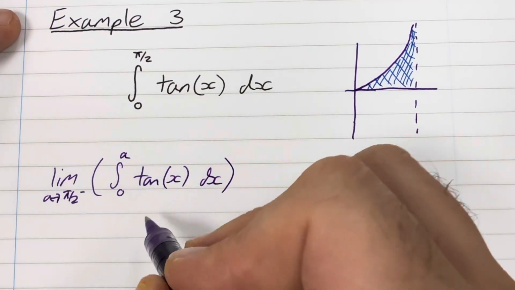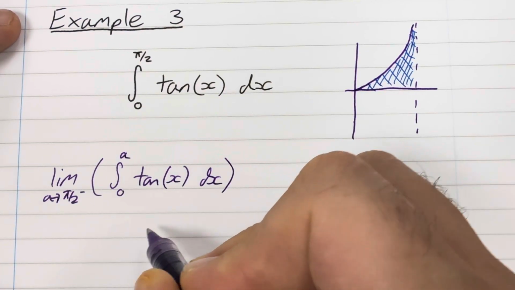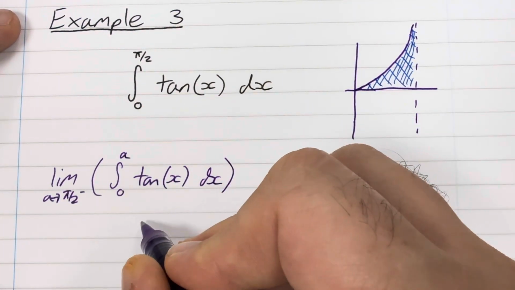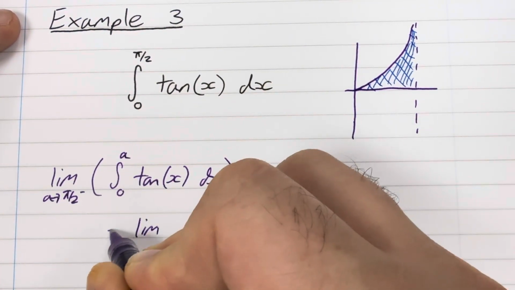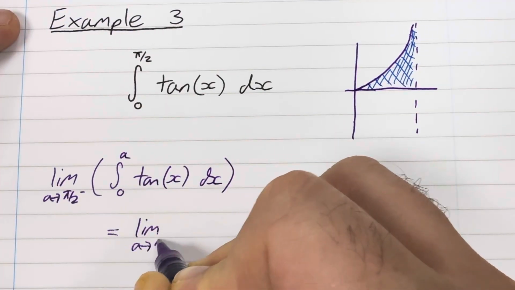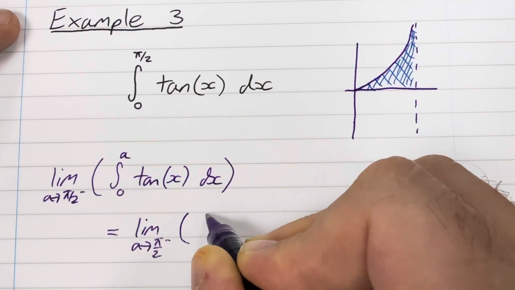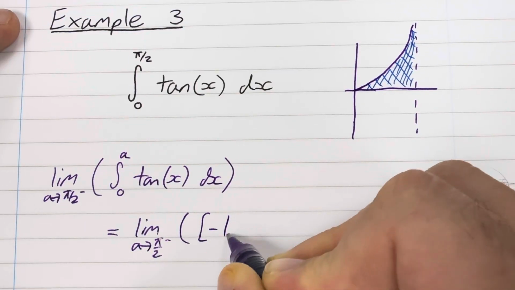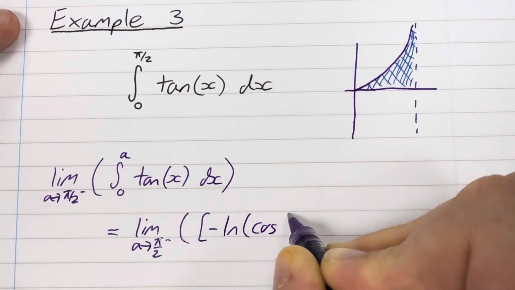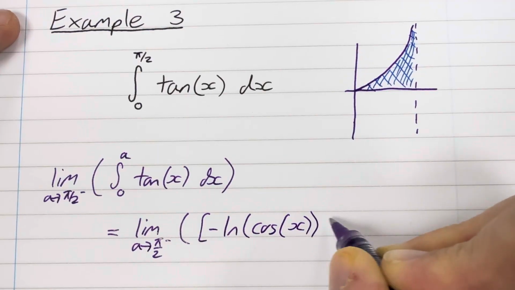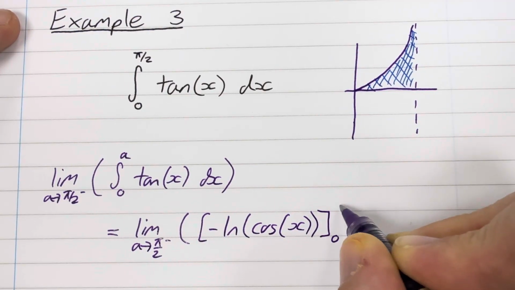Now, from A level, we know that the integral of tan is minus ln cos. So therefore, this is going to be equal to the limit as a tends to pi over 2 from below of negative log cos x evaluated between 0 and a.